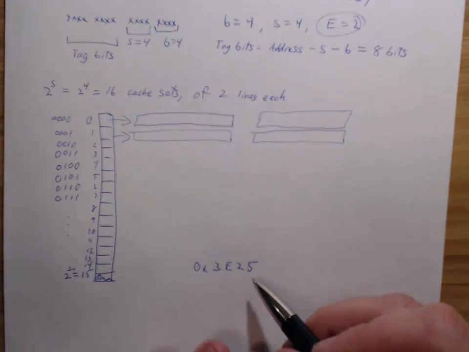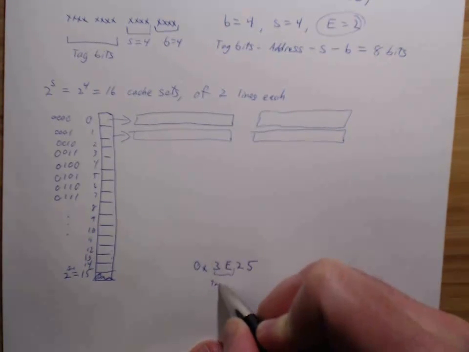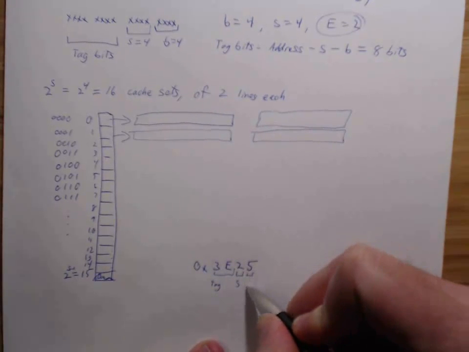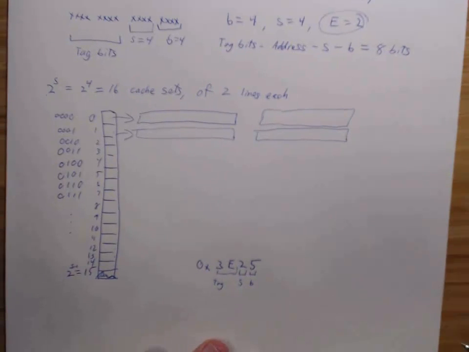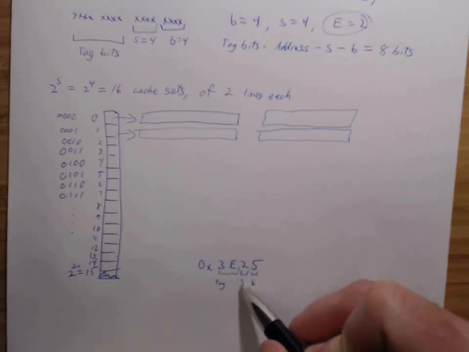So I can do this quite easily, because I know this part is going to be the tag, this part is going to be the set, and this one will be the block offset. So what I need to do is separate out these parts.